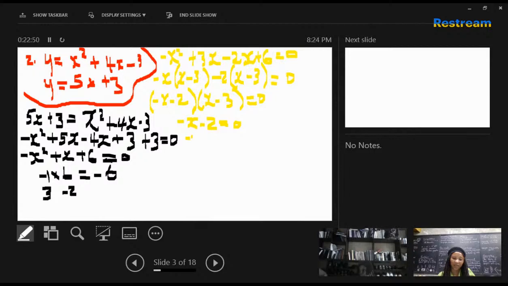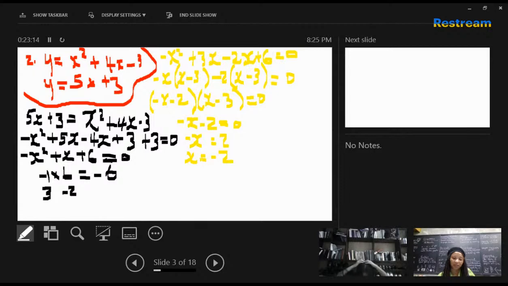Negative x equals 2, so it's equal to negative 2. What we're doing is we want to find out what x is. So we bring over the negative 2 and then divide by negative 1 to get a positive x.